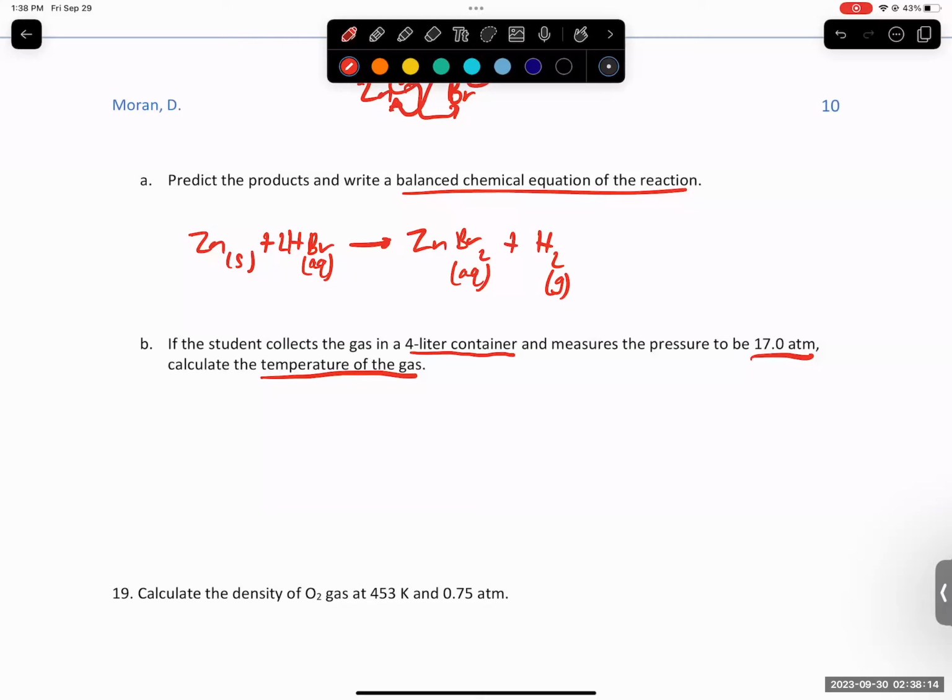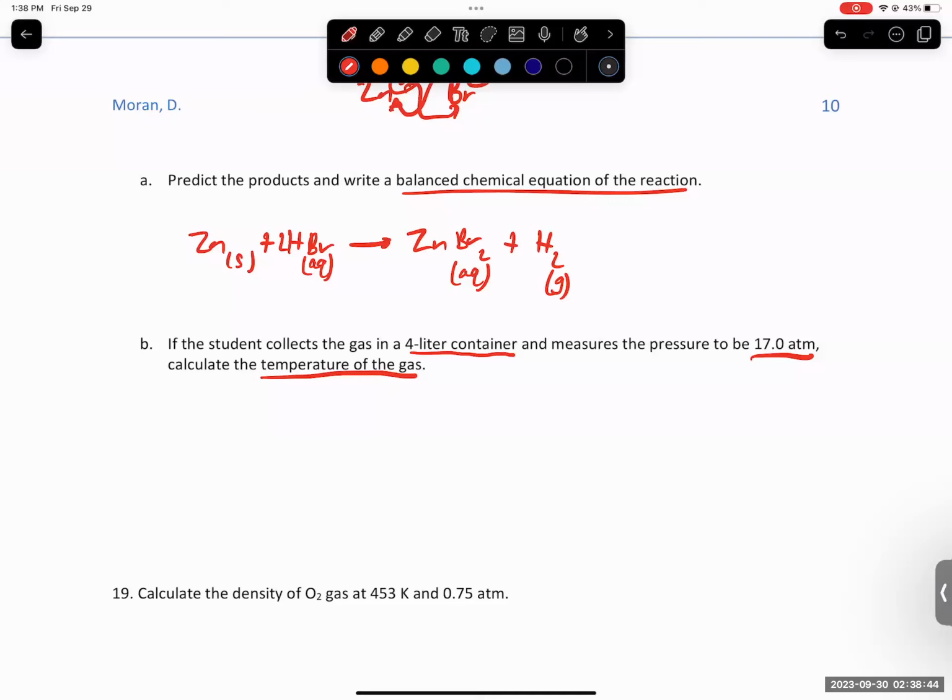Avogadro's law? Well, remember Avogadro's law is like before and after. You're given an initial number of moles or an initial volume, and then you need to find a final moles or a final volume. And also, we're looking for temperature. Avogadro's law is the moles and volume law.